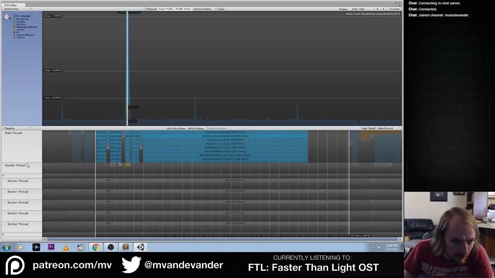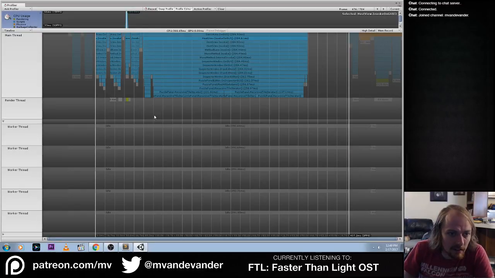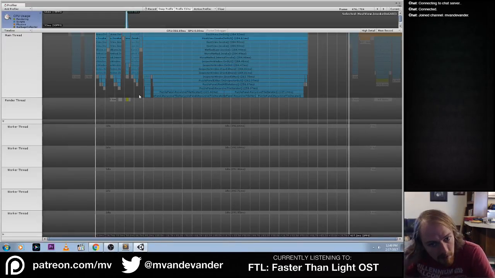Looking at the timeline here, this is the call stack here, I guess. If this will even let me look at it. And it's so ridiculous. Okay, so yeah, I've got a recursive split thing. I know that.